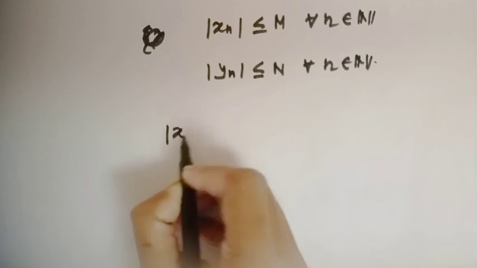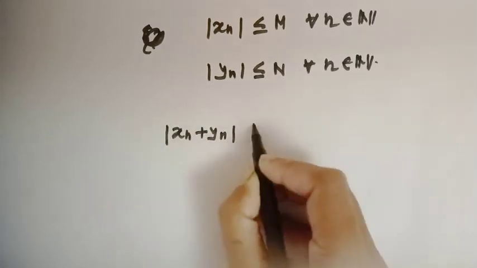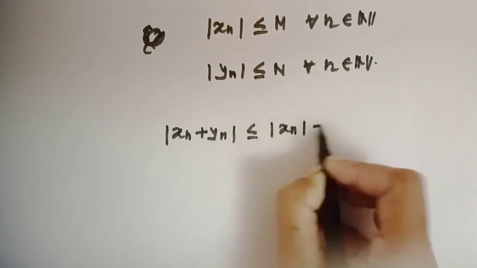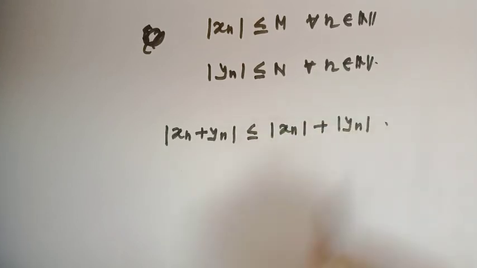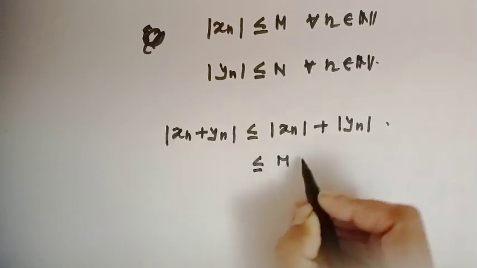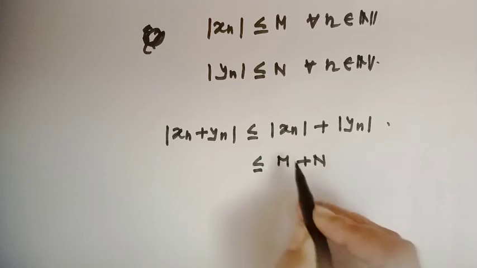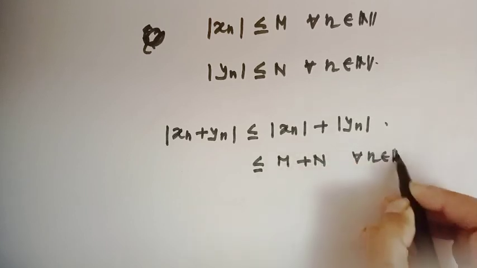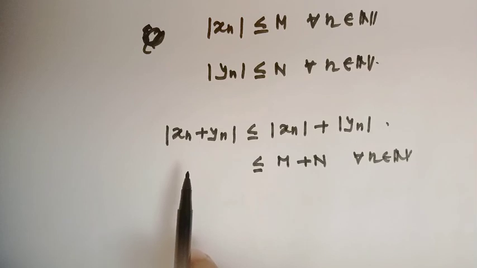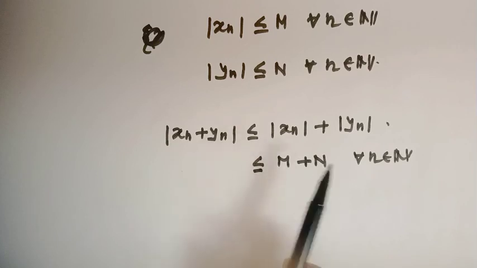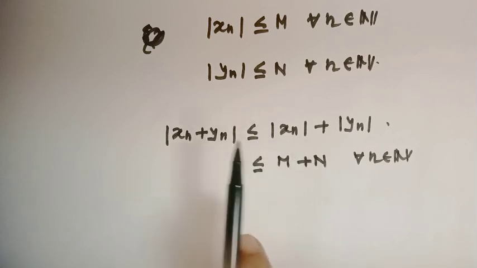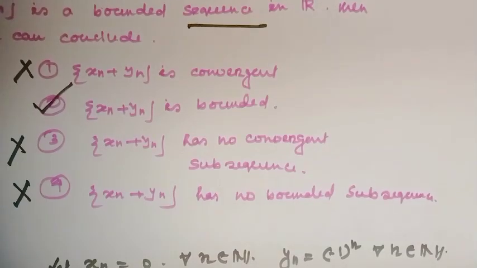That means the absolute value of xn plus yn is less than or equal to the absolute value of xn plus the absolute value of yn, which is less than or equal to M plus N. This is a number for all n belonging to the natural numbers. That means this sequence xn plus yn must be a bounded sequence when xn and yn are both bounded sequences. So option 2 is always the right option. Okay, all right.